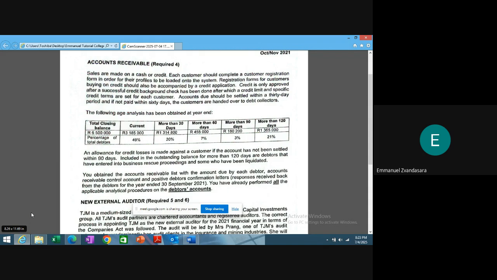So what we can do to commit fraud in accounts receivable is to understate the balance, meaning we might not record some of the debtors who have been buying on credit from the client. So the best way to commit fraud is to understate the accounts receivable balance. That is how fraud can be committed on accounts receivable.